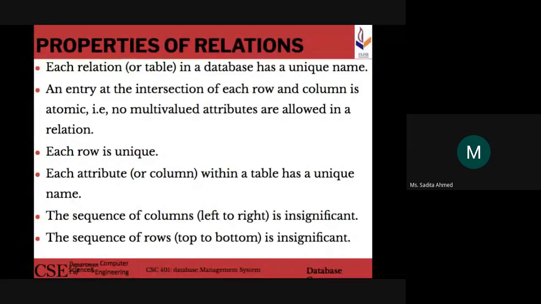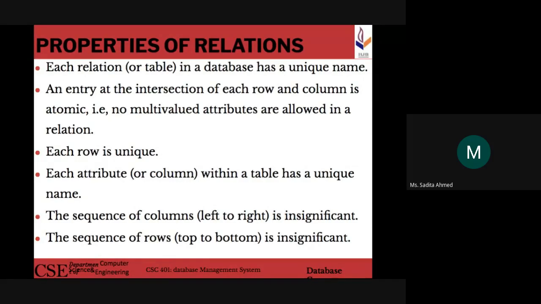That is, the intersection of each row and column is going to be atomic. So no multi-valued attributes are allowed. Every single relation must have a unique name. You cannot have two relations with the same name. Also, within a relation, every single attribute or every single column name must be unique as well.